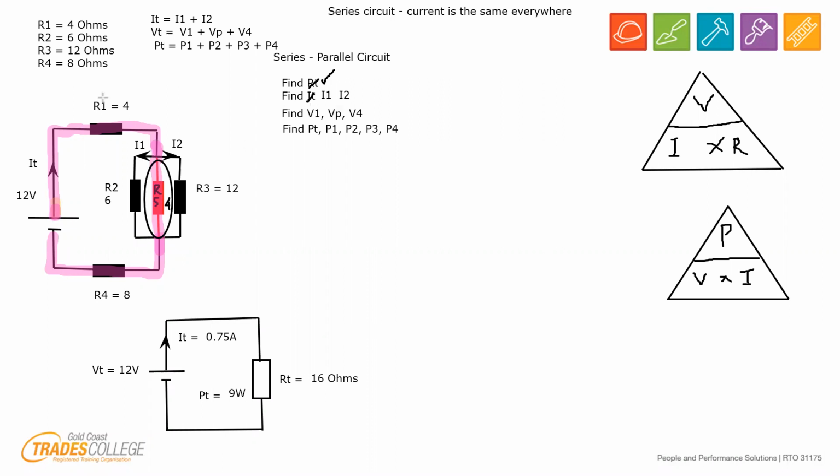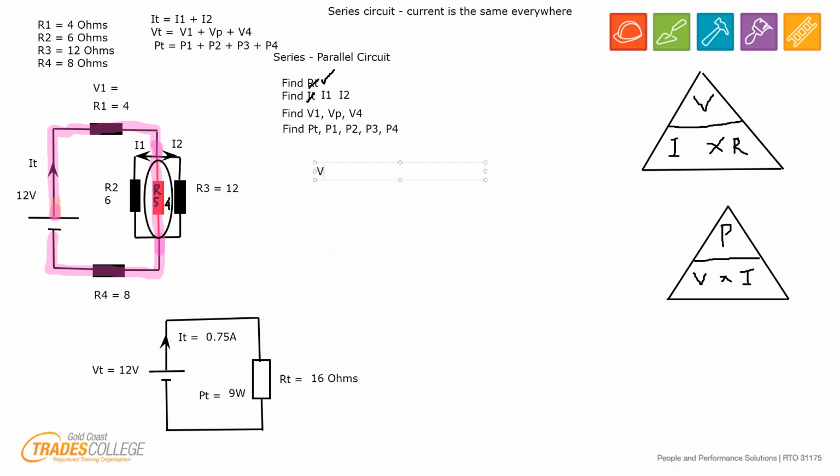So what I'm going to do first is work out voltage drop 1, which is going to be up here. Remember V1 next to R1. So I'll do the maths over there and then the numbers at the top.